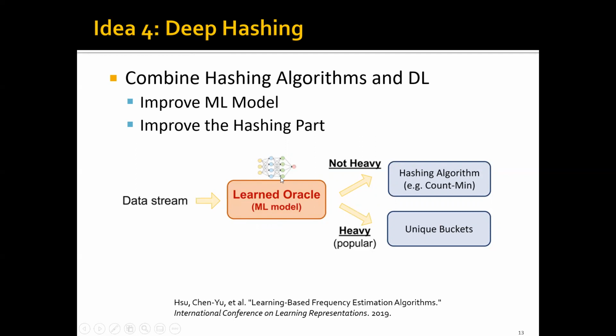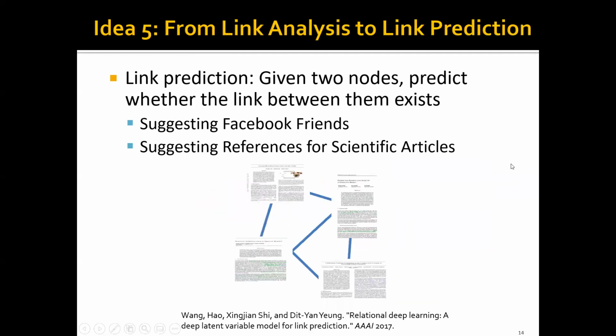Can we incorporate additional information or have a more advanced machine learning model to do this? And another idea is whether we can replace this traditional hashing algorithm with some machine learning based or deep learning based hashing algorithm. Now, this is another idea that we can think about.